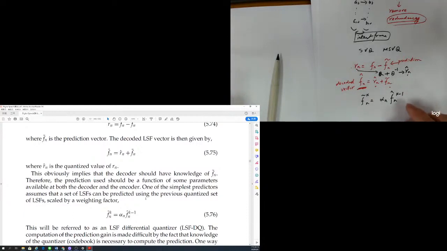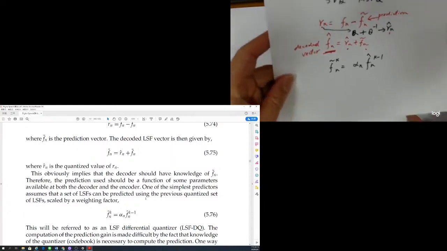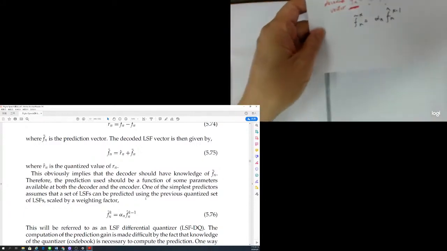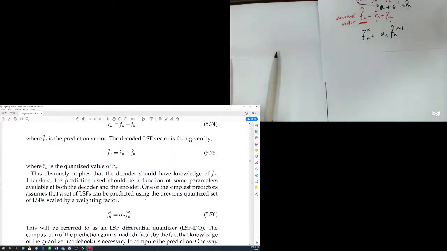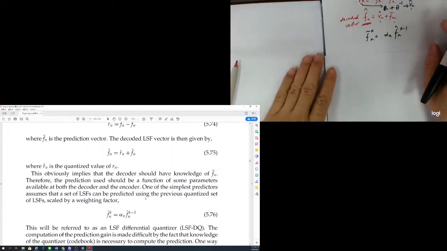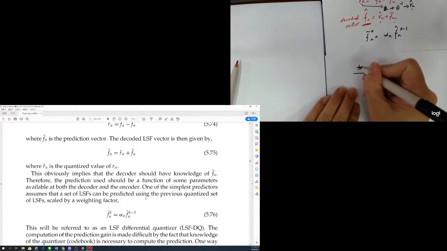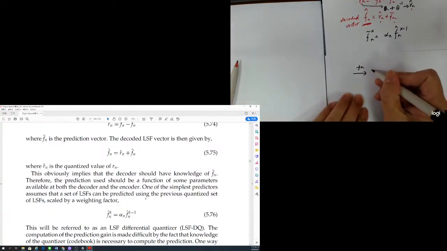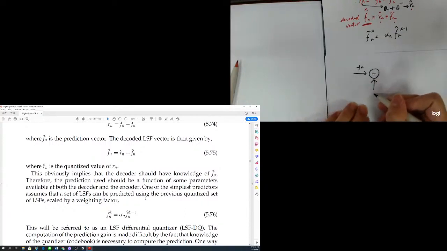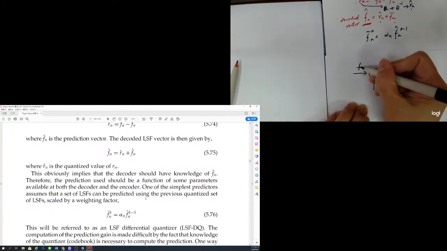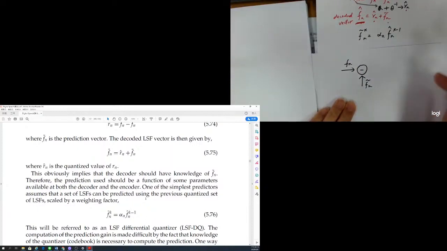You can see here what we have. Maybe I can use a different way. We have the input f of n, and then we do the prediction with a summation here. This one is your input, and you get R of n.